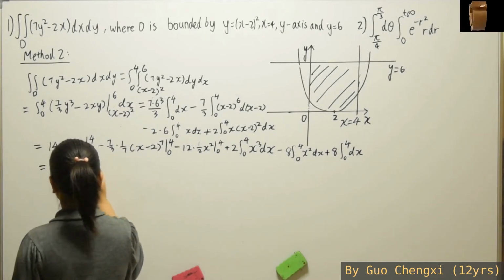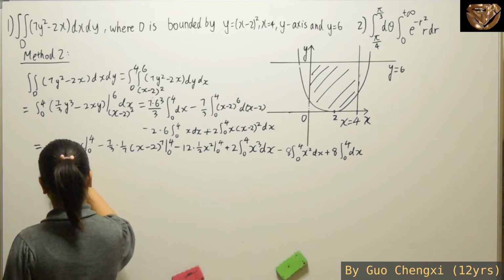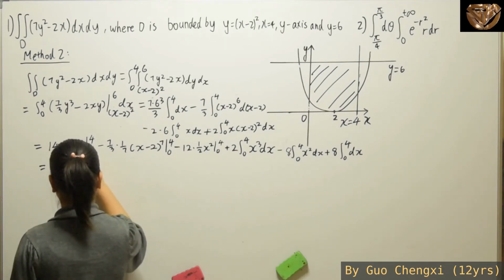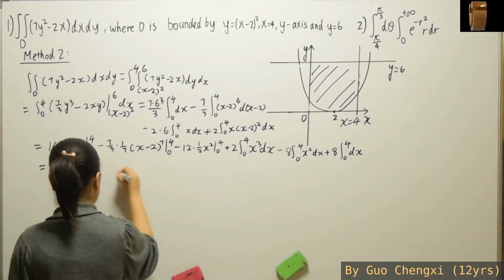Over here, for the 0 you can ignore it because it's just going to end up with 0 anyways.